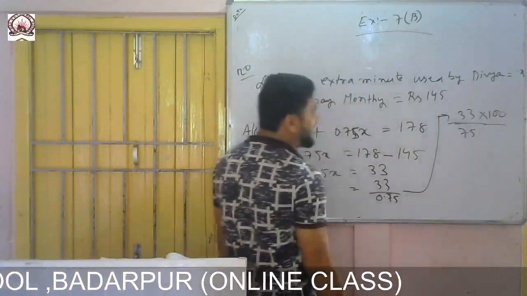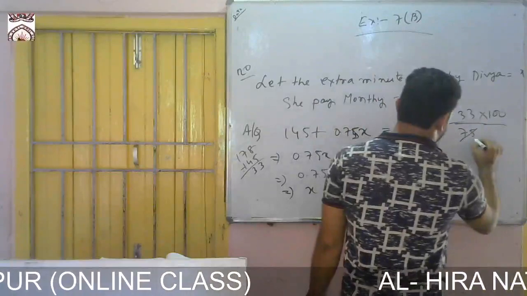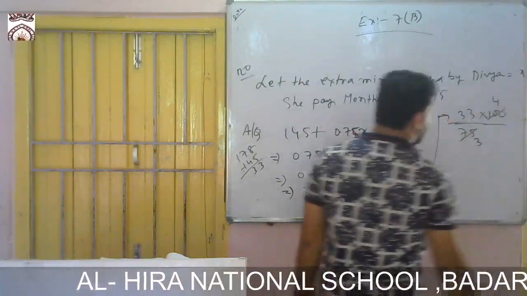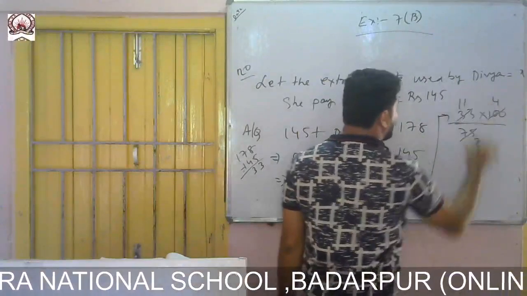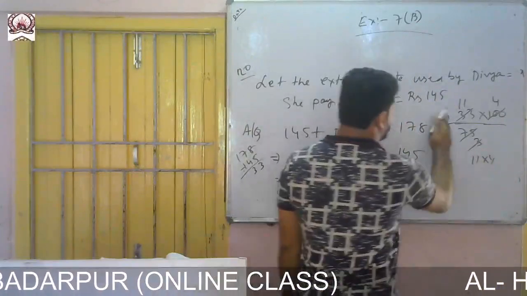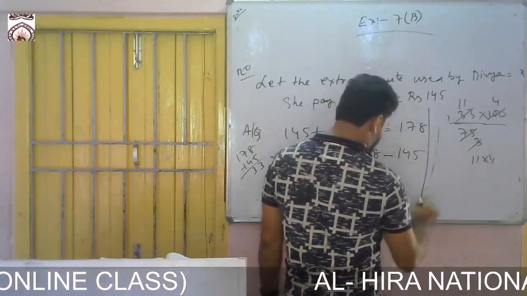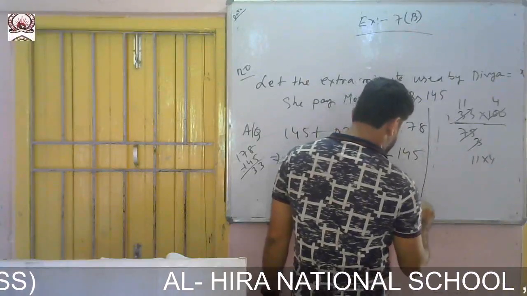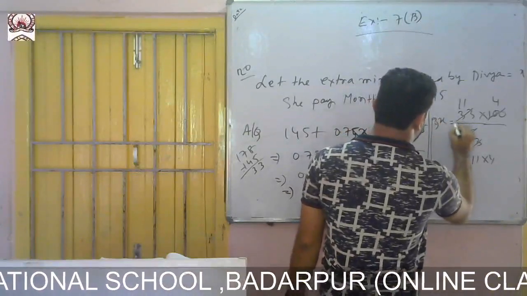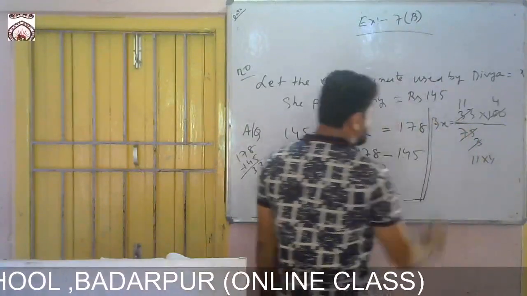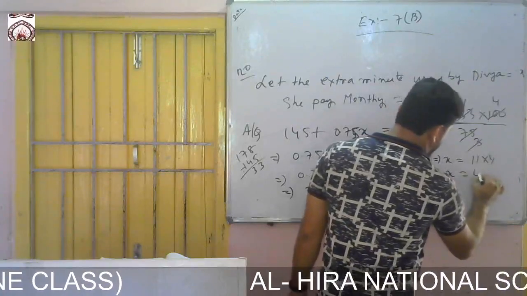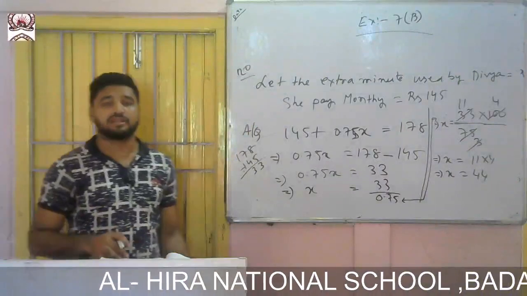Now cancel. 3 times 25 is 75, and 4 times 25 is 100. 3 times 11 is 33. Remaining, x equals 11 into 4, so x equals 44. That means she talks extra 44 minutes.